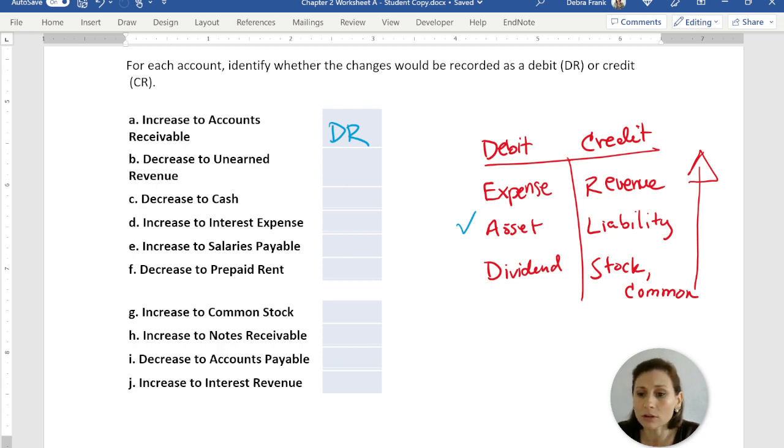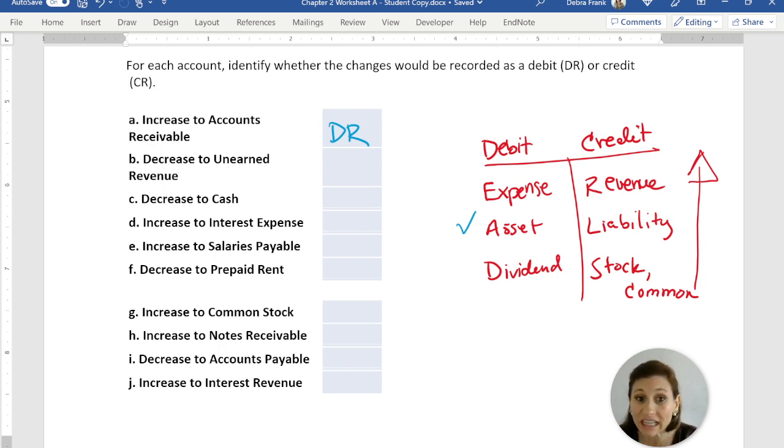So unearned revenue is one special liability account that doesn't have the word payable. Other liability accounts are going to have that word payable in them, and we can cheat and know that's liability. Unearned revenue doesn't have that word payable, but now we know we owe goods or services to this customer. All right, so that's a liability.